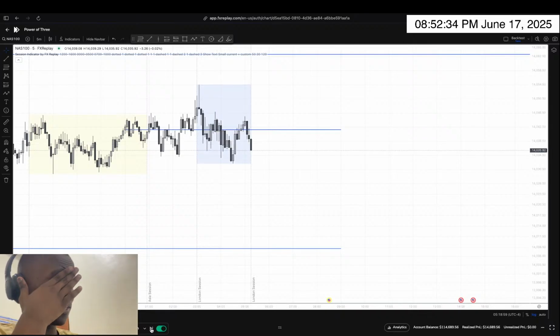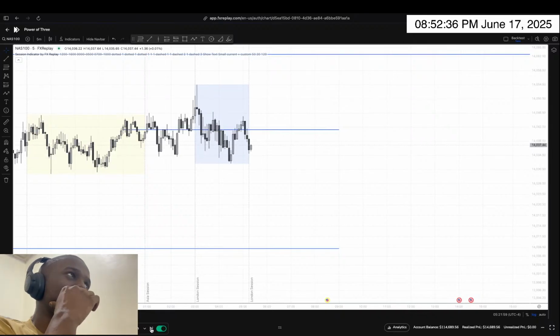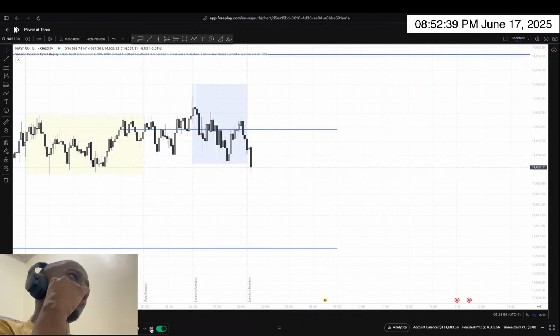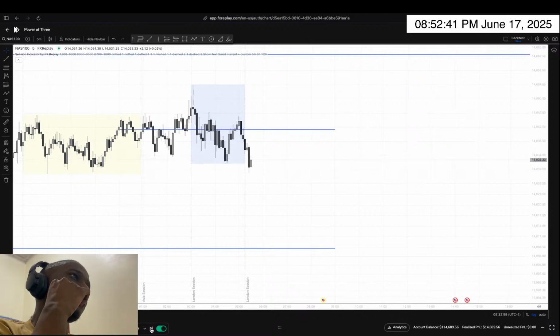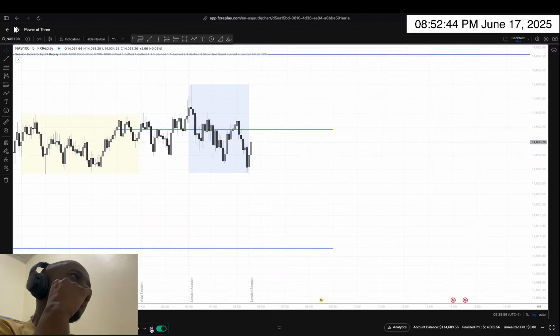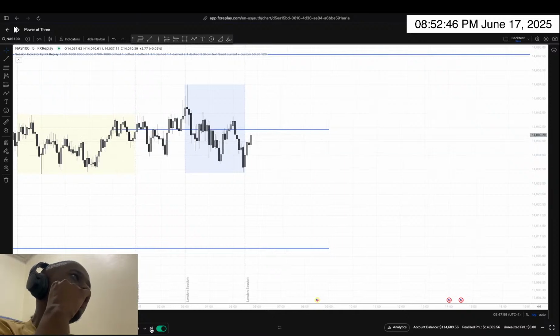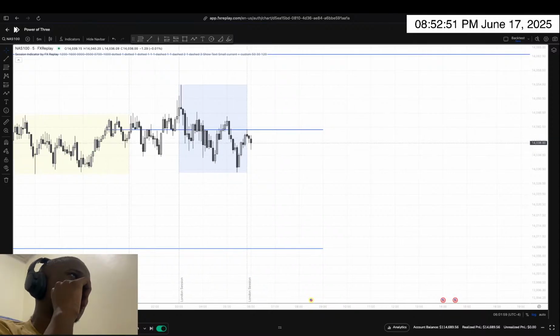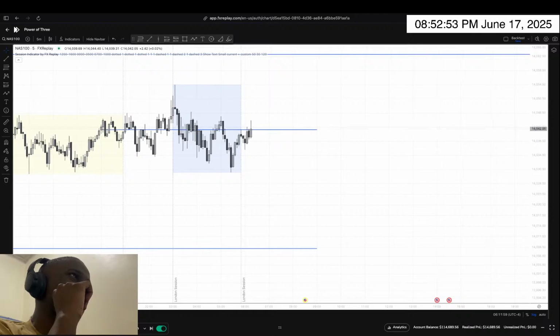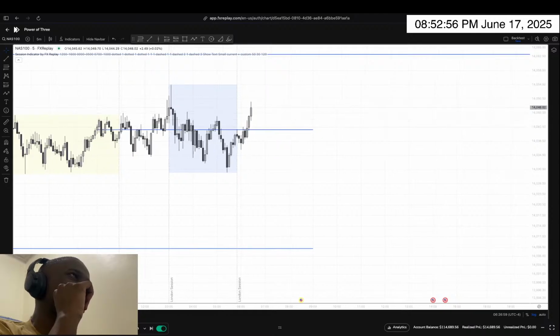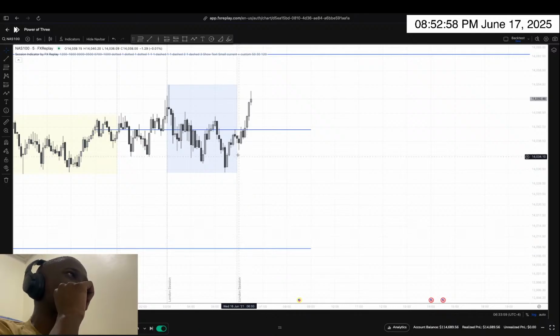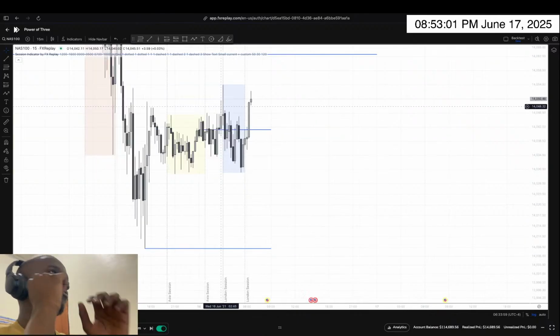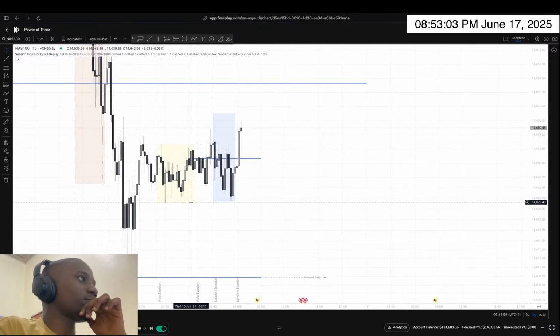So far, I'm not seeing anything that's making me happy. Okay, we shift structure. 15-minute, not looking bad, but we have equal lows, really big pool of liquidity there.